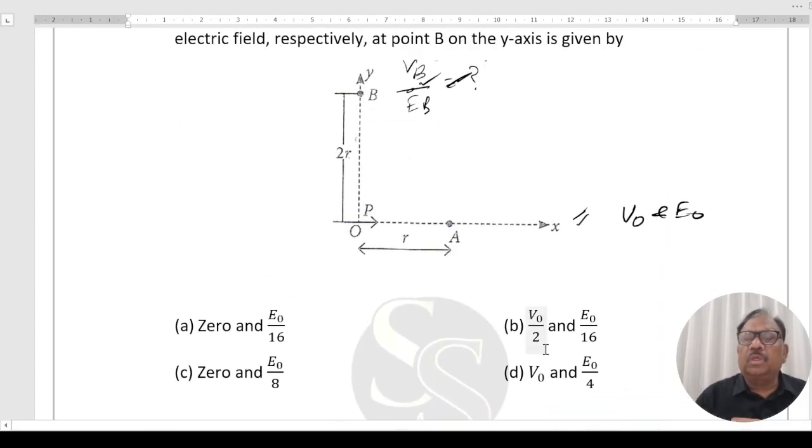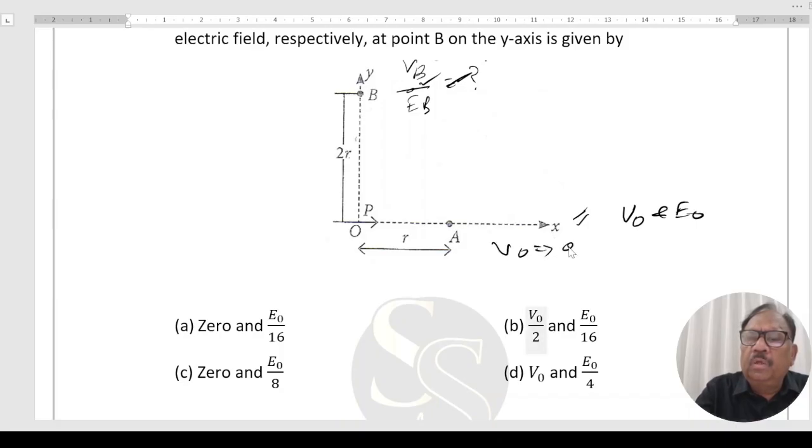Case 1. In this case, put theta equal to 0, so V naught comes out to be 1 over 4 pi epsilon naught, P upon R square. This is equal to V naught.